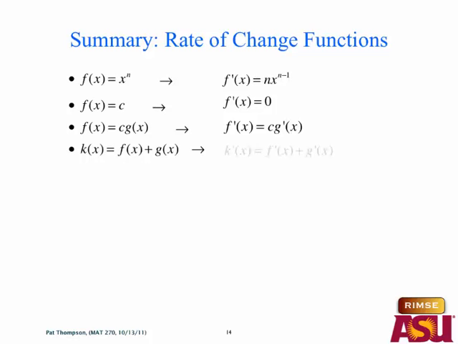And then if you have the sum of functions, the rate of change is the sum of the rates of change. Again, these rules give us an immediate fast track to an exact closed form rate of change function, which is super convenient because you just plug in x values and it spits out the rate of change for that x value, instead of all this work in the process that we developed.